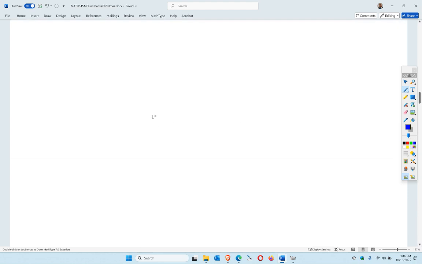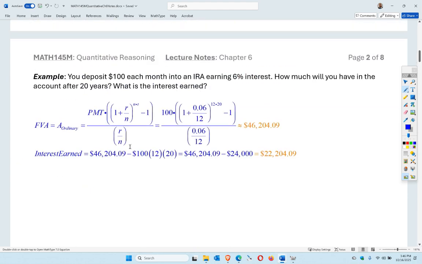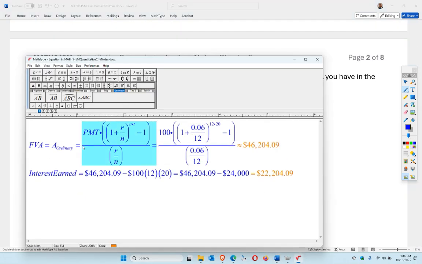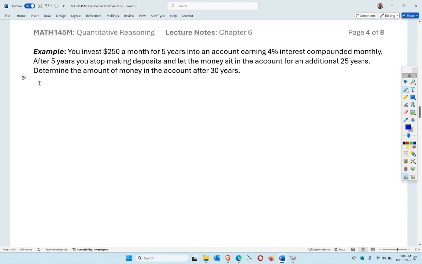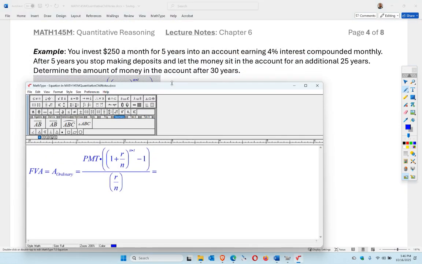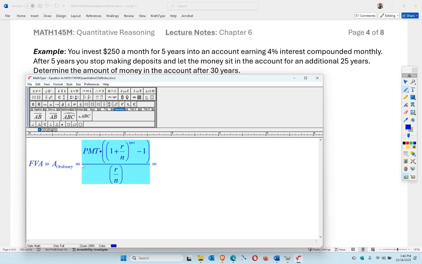Okay, so I'm going to go back and steal the formula again because we just need this one here. Okay, and we'll go down to here and plug this in, and we'll go to the spreadsheet after that. All right, so the payment that I'm putting into this is $250.